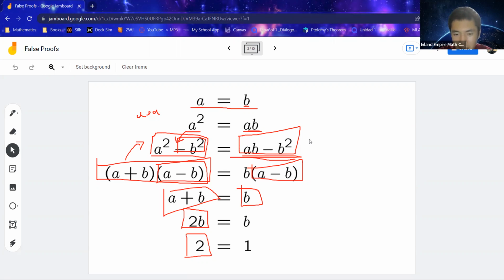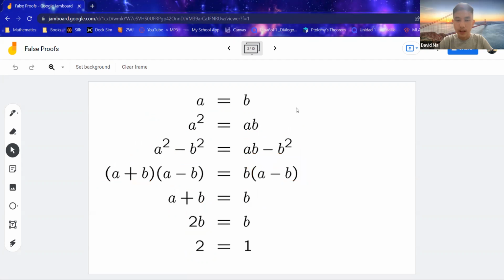Any questions about algebraic manipulations? All right, so I'm assuming that's clear. All right, can you guys see what happened here? Why did we get such an amazing result once again?